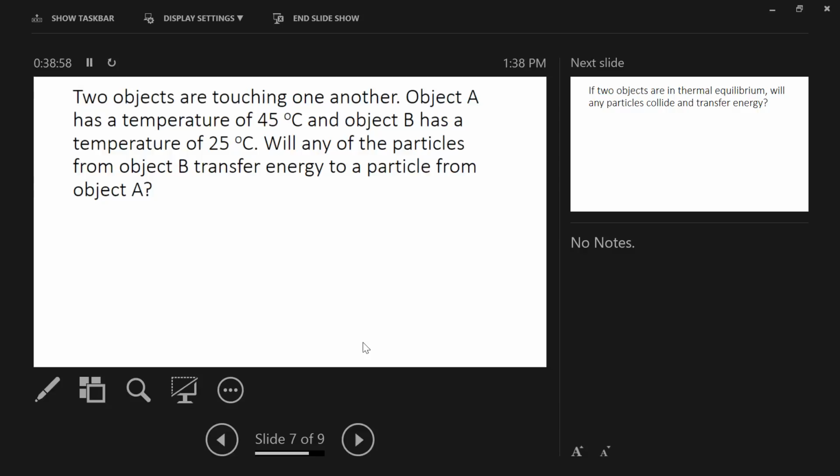Does that make sense? So object A has a higher average kinetic energy than object B, but in terms of various particles, it shouldn't surprise you to find some particles from object B, the cooler object, that when they collide with a particle from object A, they actually give off some kinetic energy, because they had a higher kinetic energy than that particle.